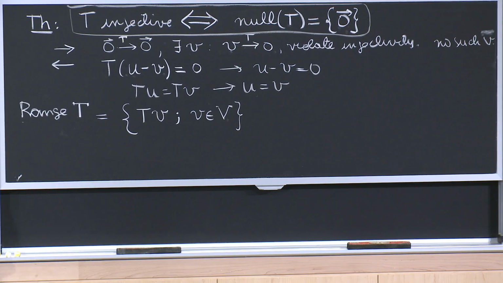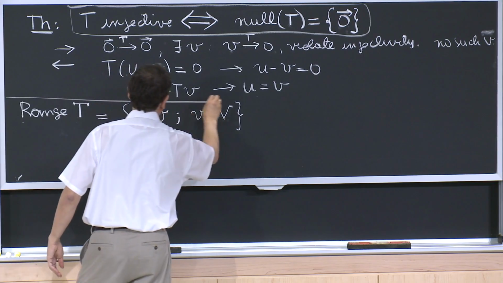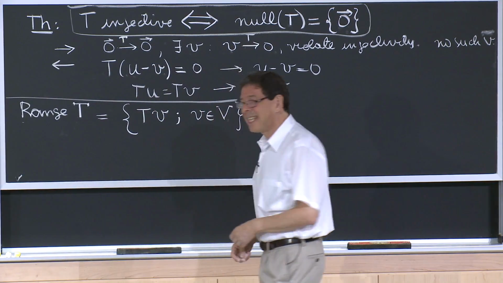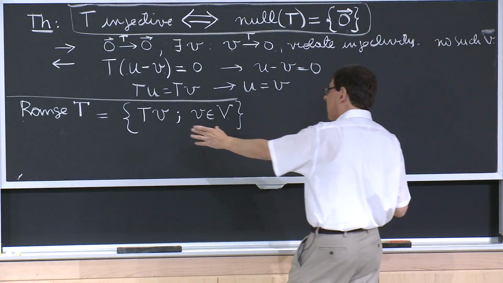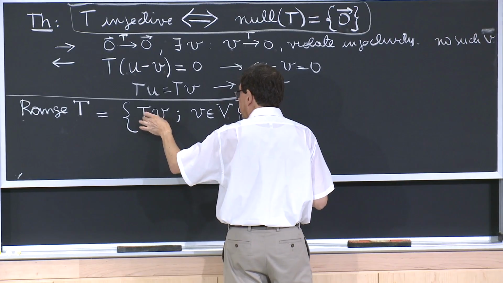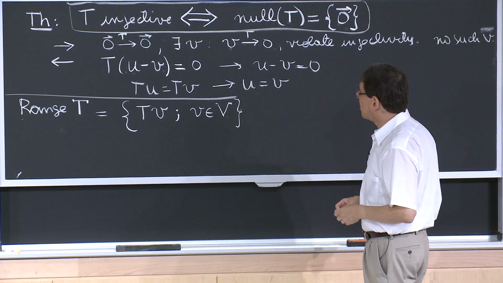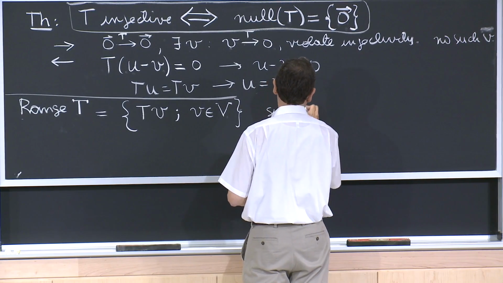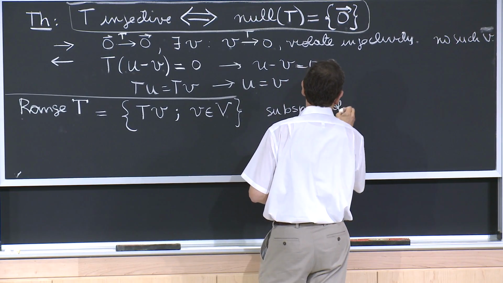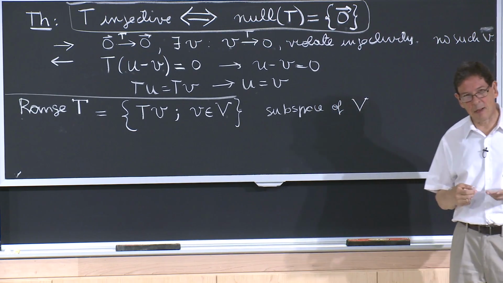And again, this range of T begins, maybe we should separate this, begins as a set. It looks like a set, certainly the set of vectors that are of the form Tv, where v belongs to V. But the interesting thing is that it's also a subspace of V. Think about it a second.